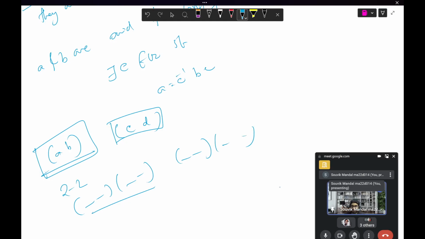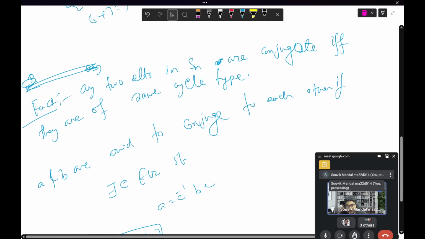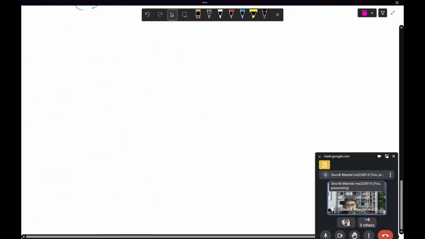Same type of cycles are conjugate to each other. That is what the fact is saying. So using this, solve this.